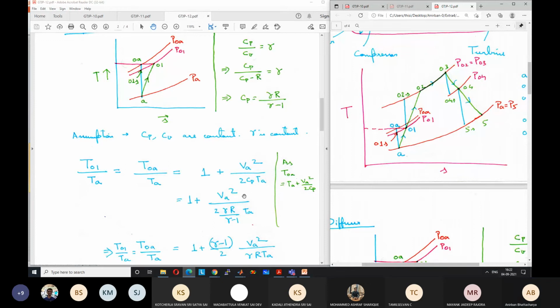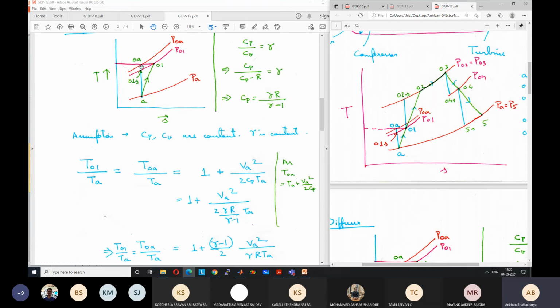So using the first law, you can determine that if we could reduce this velocity to 0, first let us consider that if we can convert the entire kinetic energy into enthalpy, the static enthalpy at the exit will be equal to H0A. The static enthalpy will be equal to the stagnation enthalpy, because velocity will be 0, and the temperature will be equal to T0A.